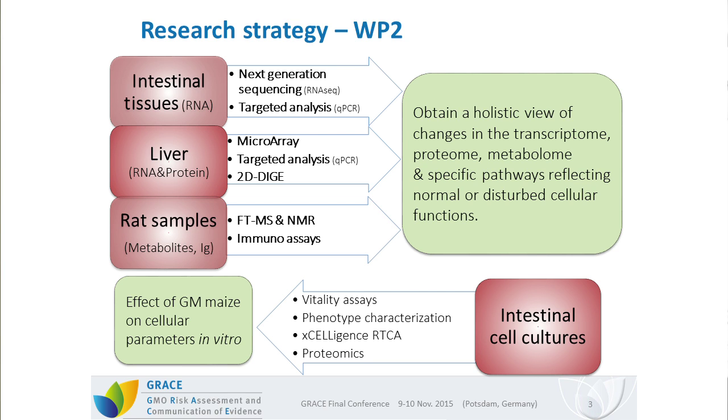Furthermore, targeted analysis with our qPCR array system and a proteomics approach using 2D expression scanning for proteins. For the wet samples, like serum or urine, mass spectrometry and NMR techniques are used, and as well immunoassays.